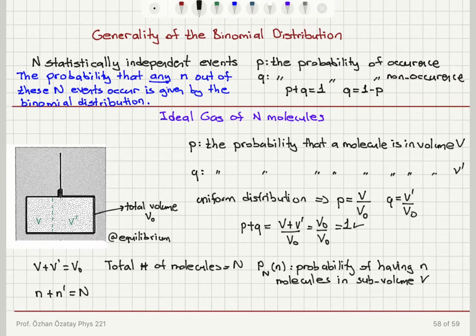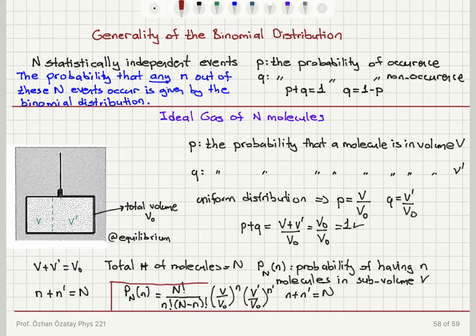So this probability P_n will be given by capital N factorial over n factorial times N minus n factorial, times P to the n, so V over V0 to the n, times Q to the n prime, V prime over V0 to the power n prime, where n plus n prime is equal to N. So this is the answer to this question, given by the binomial distribution.